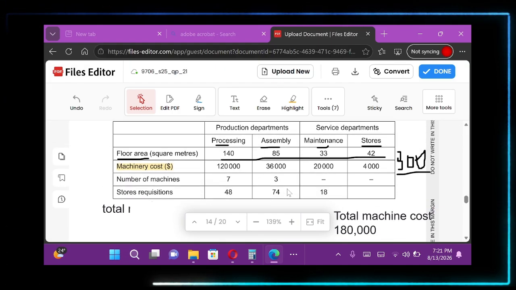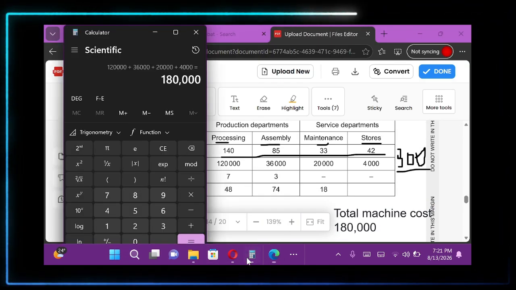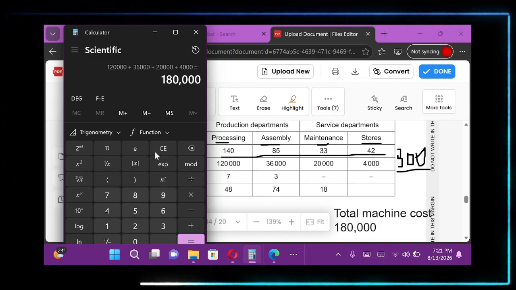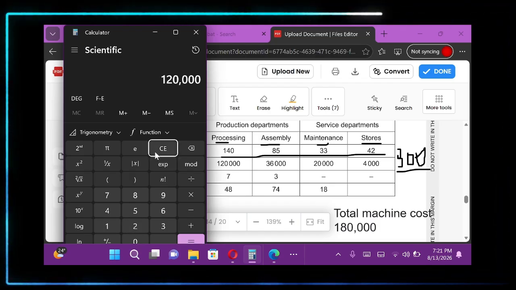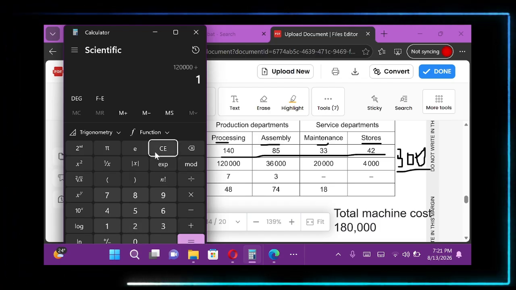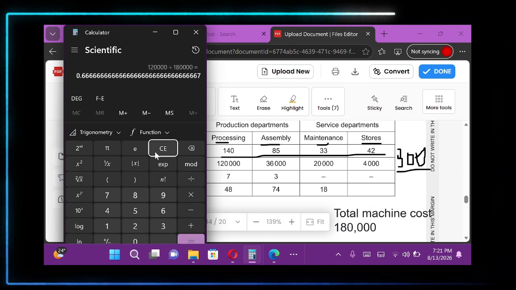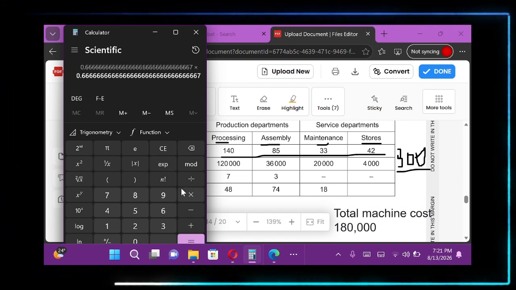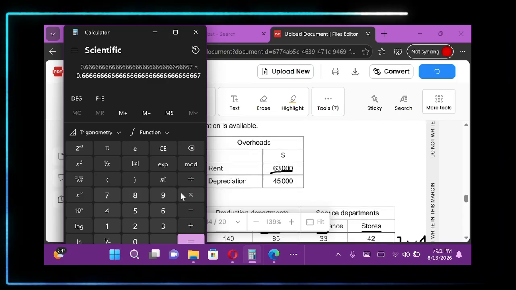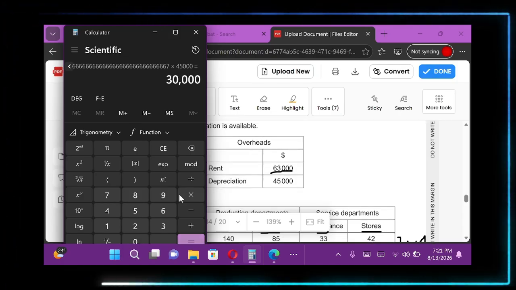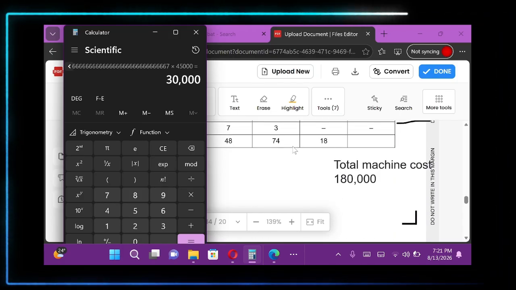Now this is what we're going to do. I'm pretty sure you'd have guessed it by now. 120,000 divided by 180,000 multiplied by depreciation, 45,000. We get 30,000.